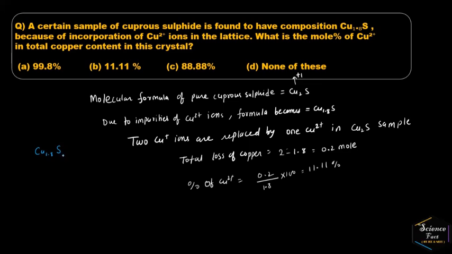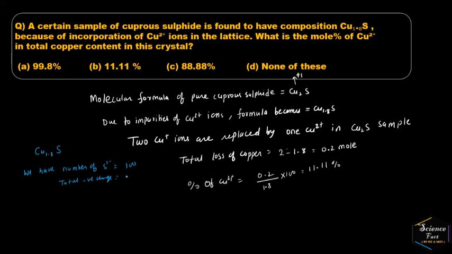It means that per 100 sulfur ions, we have 180 copper atoms or ions in different oxidation states. So the number of sulfide ions is equal to 100.